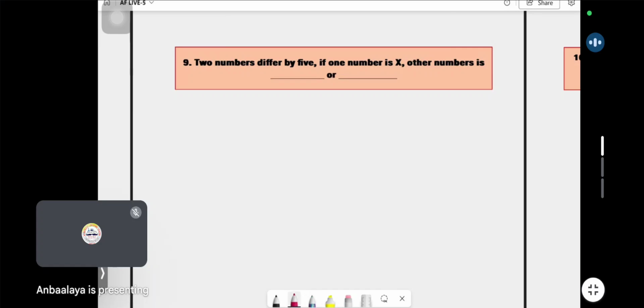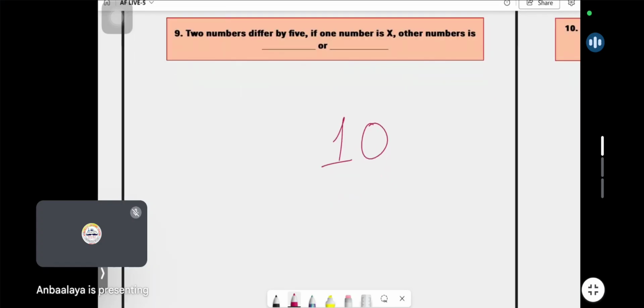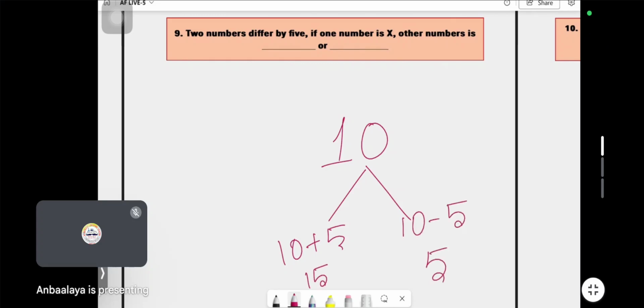So let me take an example. We can go with 10. There are two numbers. One number is 10. If I want to find the other number, the difference is given as 5. There are two possibilities. 10 plus 5 gets 15, or 10 minus 5 is equal to 5.